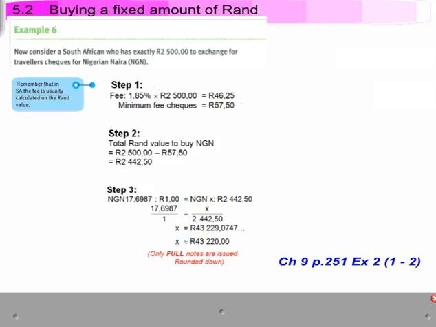Right, let's have a look here. So now consider a South African who has exactly 2,500 rand to exchange for travelers' checks, Nigerian Naira. The first thing we do, we work out the fee. Okay, so 1,85 of that is 46.